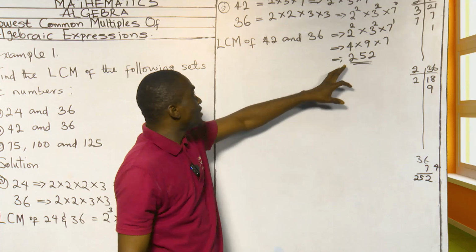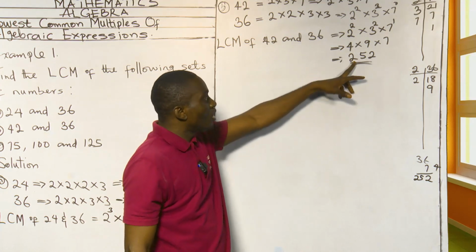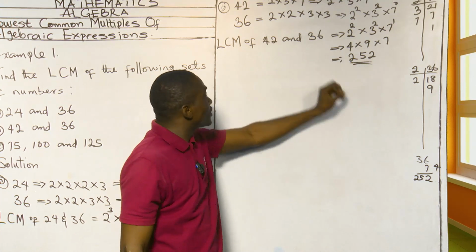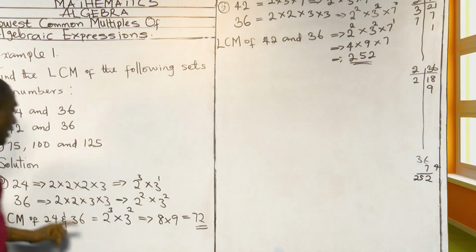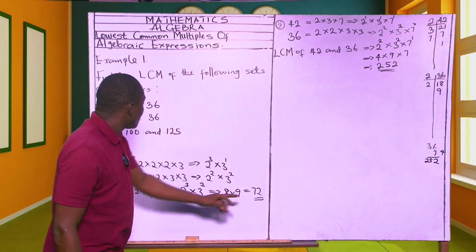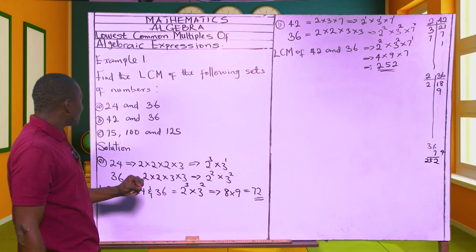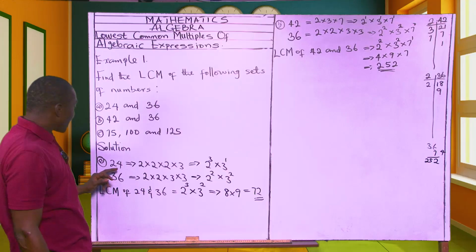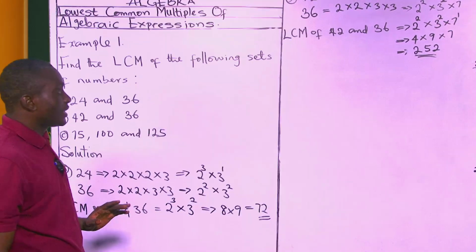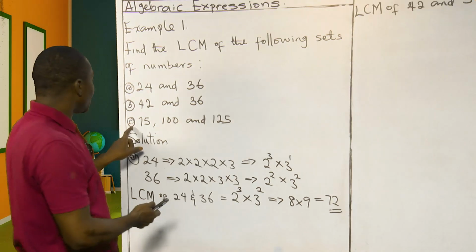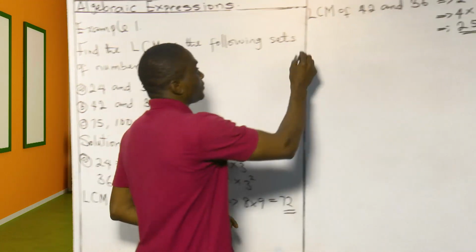That's why we say lowest common multiple. So 252 is the lowest number that is divisible by these two numbers. Likewise, 72 is the lowest number that is divisible by 24 and 36. That is that. Now let's move to the letter C.